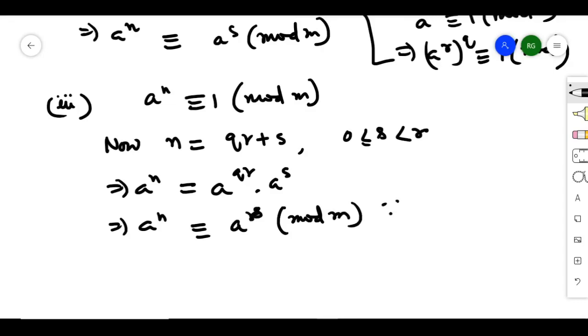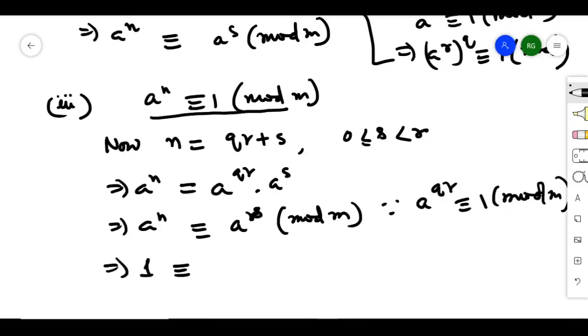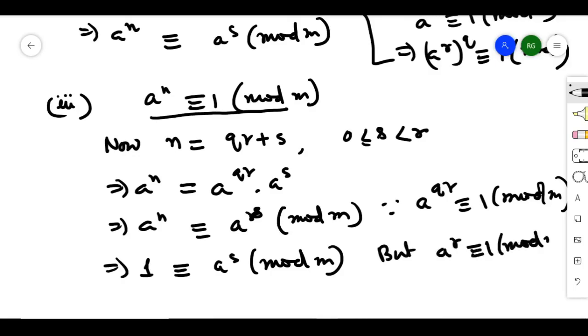Why is it so? As a to the power qr is congruent to 1 mod m, and by our assumption a to the power n is congruent to 1 mod m, the left hand side is now 1 congruent to a to the power s mod m. But we have a to the power r congruent to 1 mod m, and r is the least positive integer for which this congruence is satisfied.